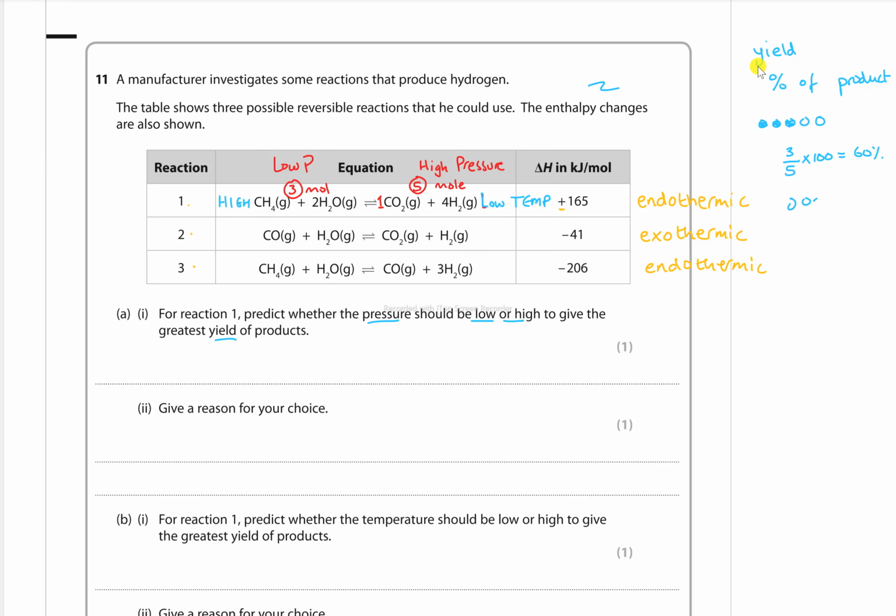Now if I had 5 and 4 grew, it would be 4 out of 5 times 100, which would give 80%. So this bottom thing here has got a higher yield. It's got more products.